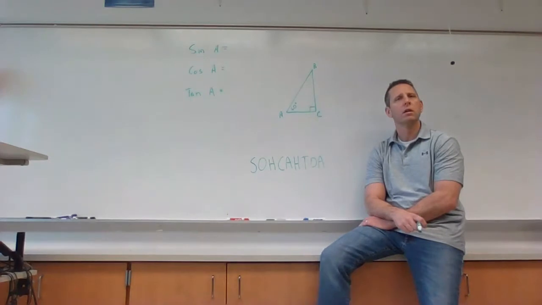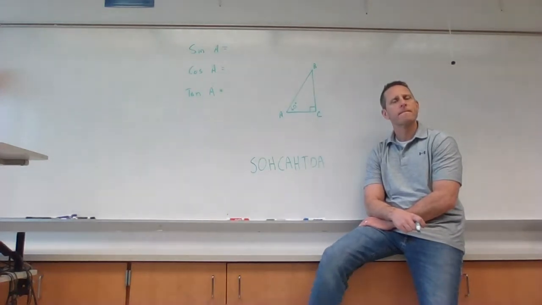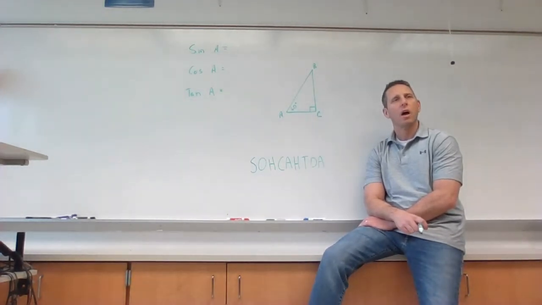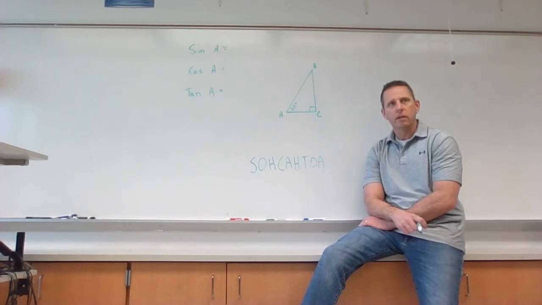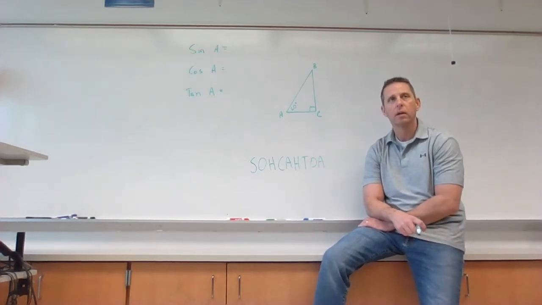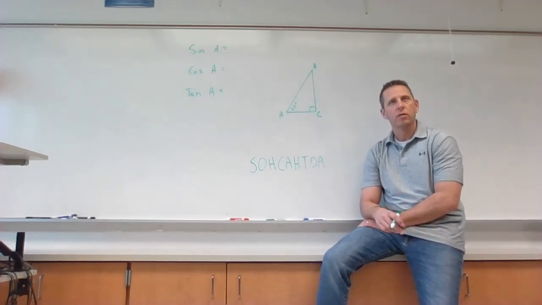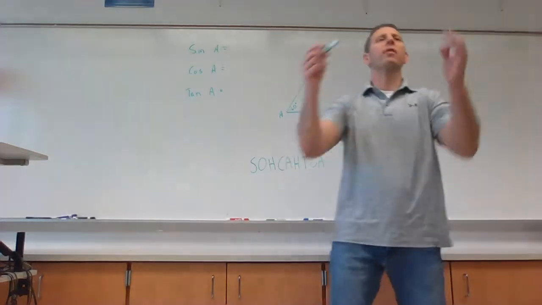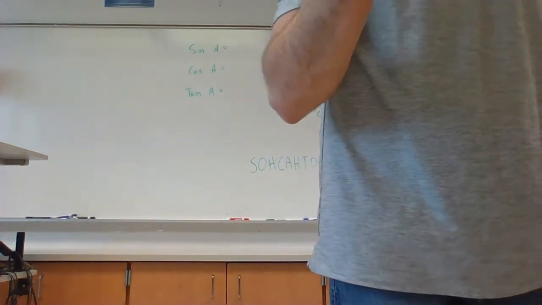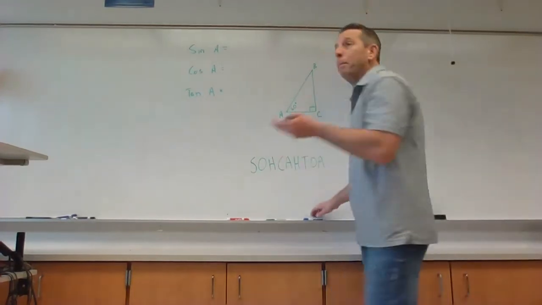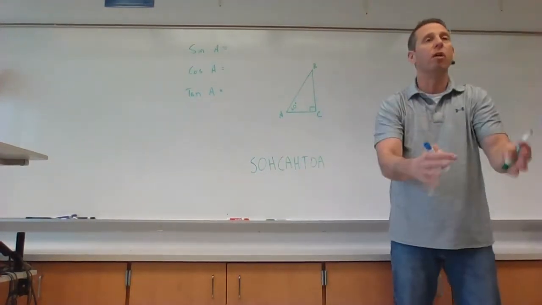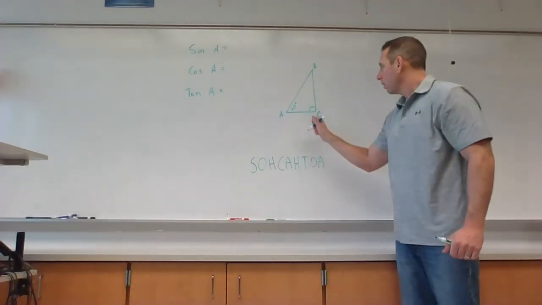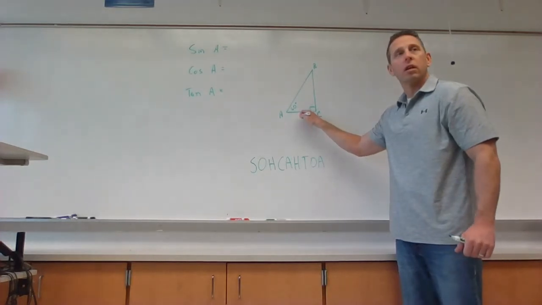Maybe x and 3x rad 3. Okay, so you're starting to give me the ratios of a 30, 60, 90 triangle, right? Let's just start with the basic one. What's the smallest one? Give me a value.